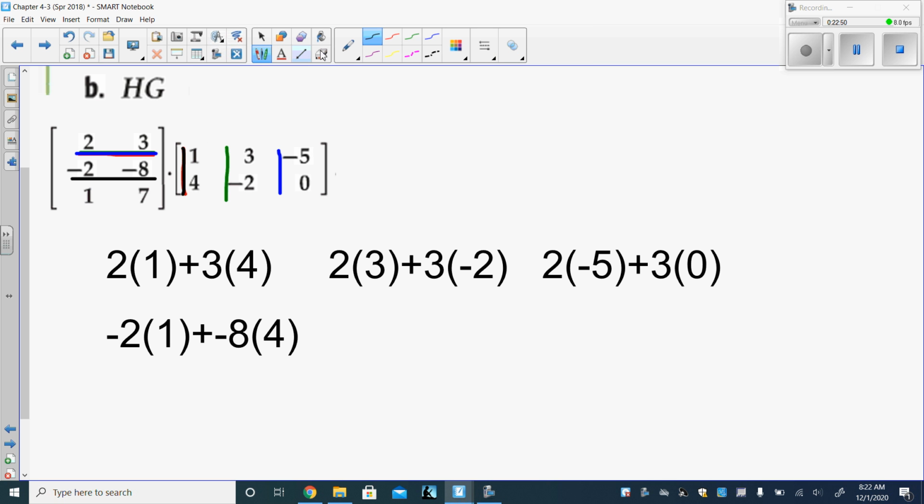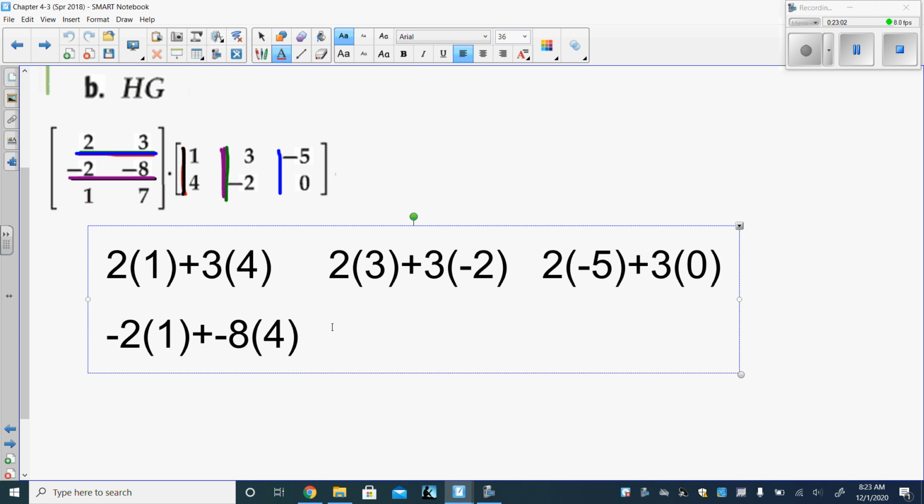Now we're going to do it again. So negative 2 and negative 8, and we multiply it by the middle one, this 3, negative 2. So this here would be negative 2 times 3 plus negative 8 times negative 2.